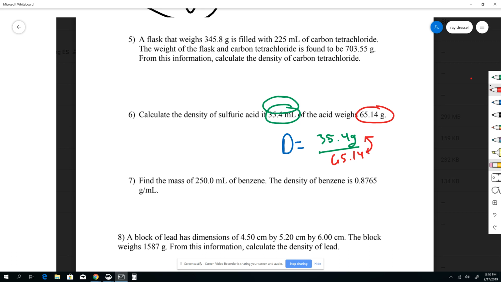Minor issue. So the mass divided by the volume is 65.14 divided by 35.4, and that's going to give you an answer of 1.8 grams per milliliter. That's going to be question number 6.